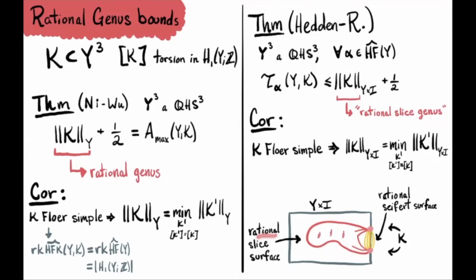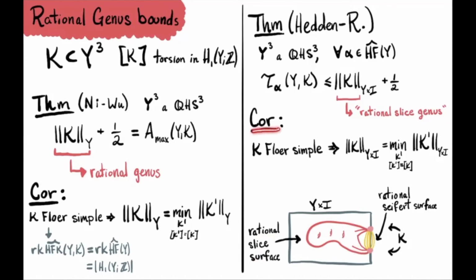So we'll call these rational slice surfaces, and we'll call the rational slice genus the minimum genus of one of these pushed-in surfaces. And a priori, it seems like, well, if you allow the surface to be pushed in, the minimal genus could be smaller.